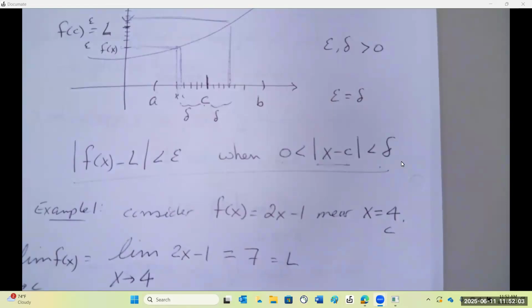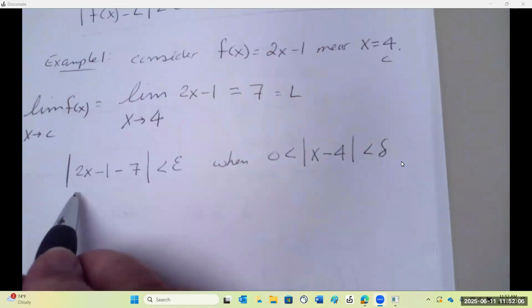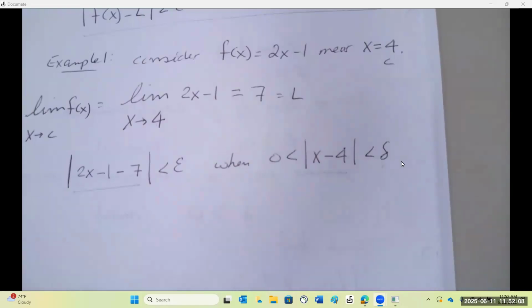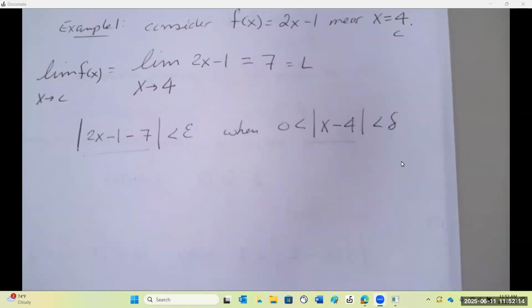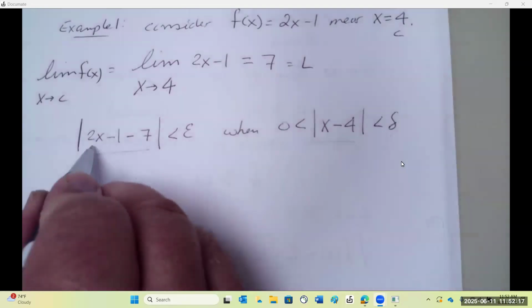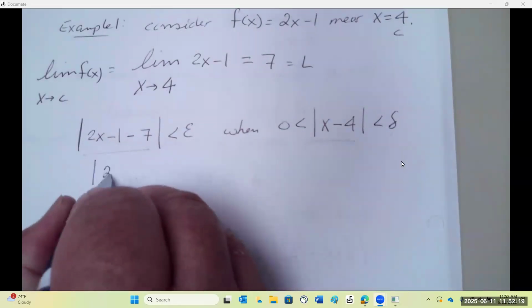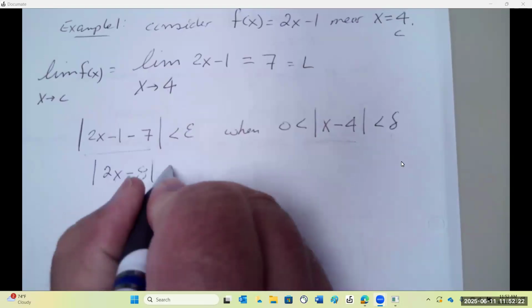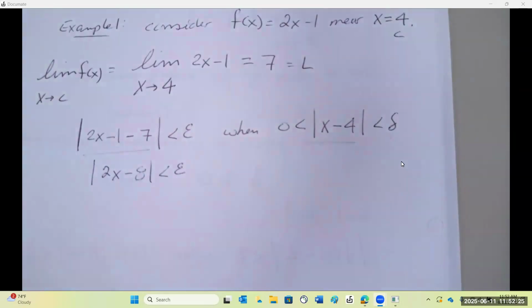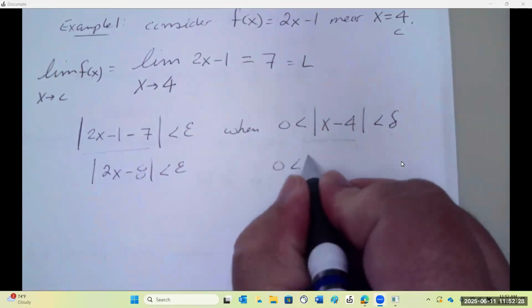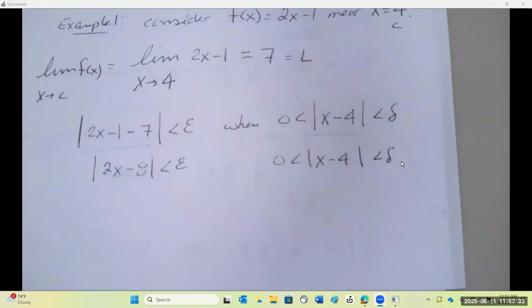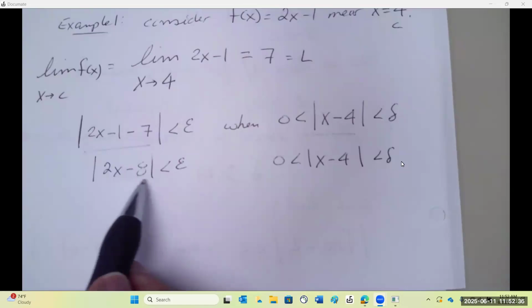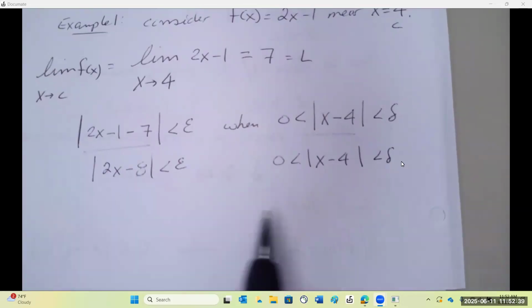How can we do that? The only way we can find a correlation is if we can make both of these absolute values the same. So let's see how to do this. Inside here, what do we get? We get 2x minus 8 is less than epsilon whenever this is true. So our objective here is to try to get this to be somehow x minus 4.